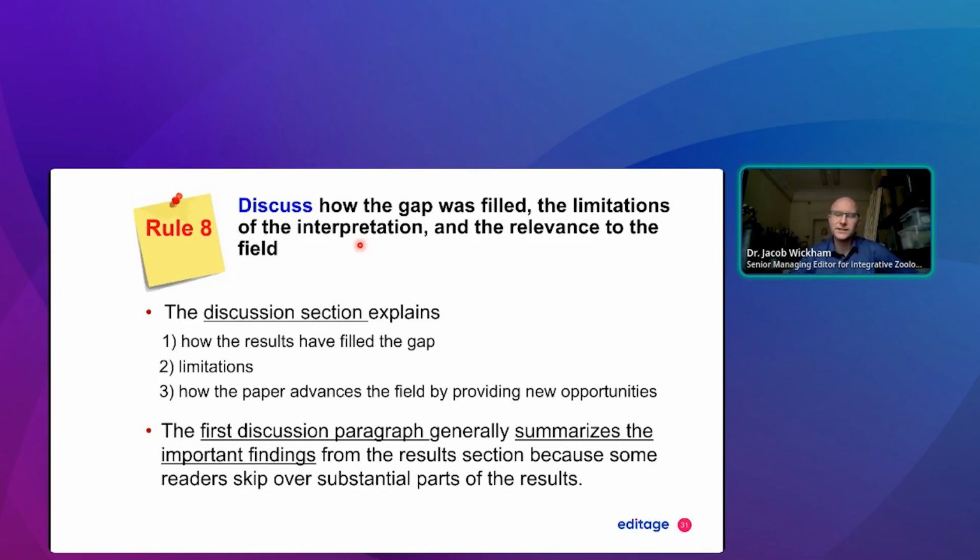Every study has limitations, and you want to make sure that you touch on these. And you also want to discuss the relevance of your research to your field of study. So the discussion section will explain how the results have filled your research gap, what are the limitations, and how the paper advances the field of knowledge, and also how it provides new opportunities for research.